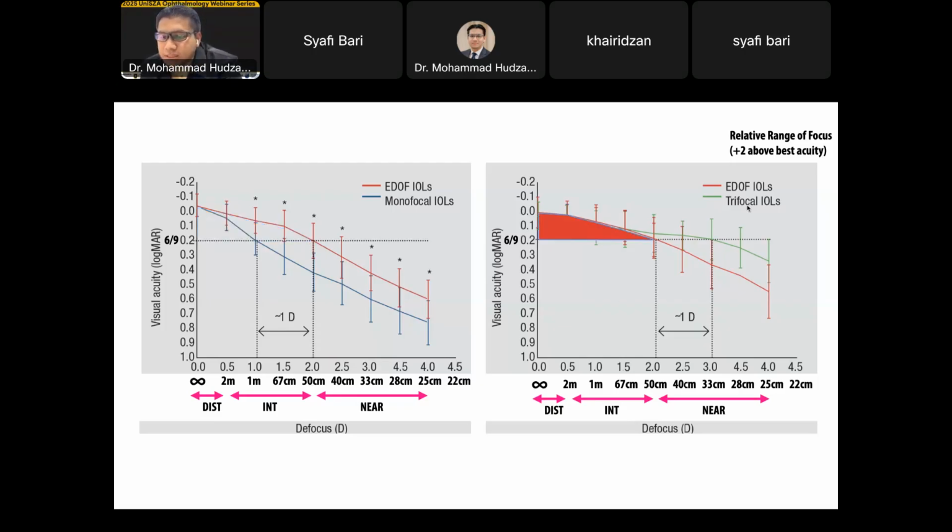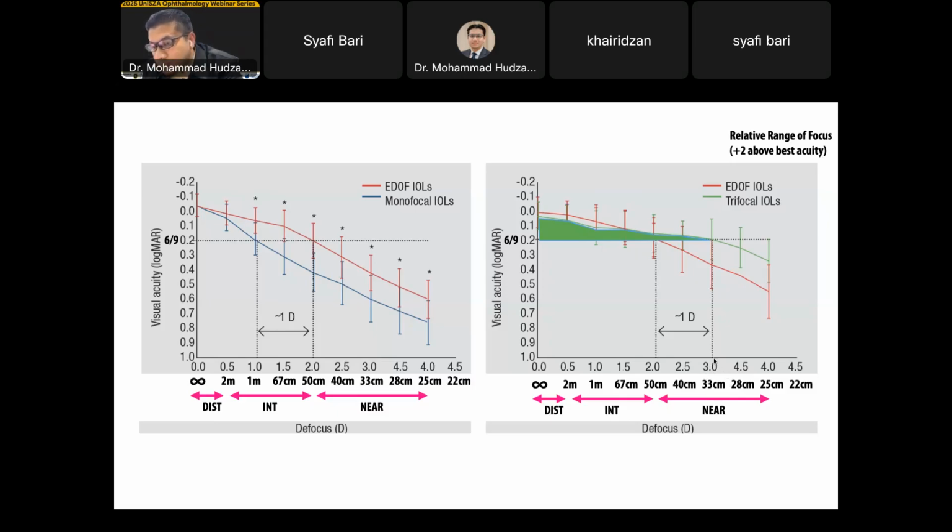Similarly, if we see the graph at the right here, EDOF can provide clear vision from infinity until 50 centimeters. But the trifocal IOL provides good vision of 6/9 until 3 diopters of minus lens, so around 33 centimeters.